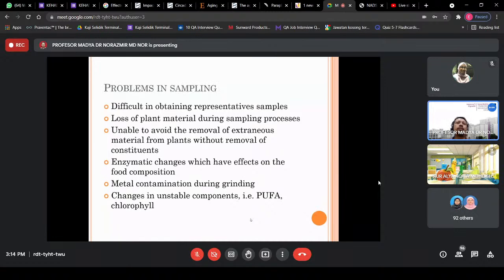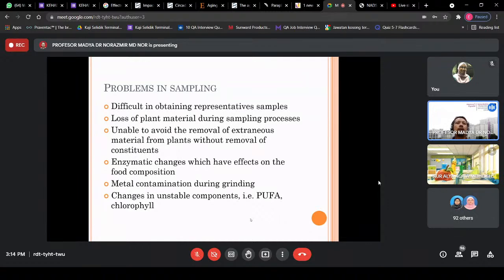So what are the problems in sampling? There is still difficulty, still obstacles in terms of sampling. First, it is difficult to obtain a representative sample. Then, loss of plant material during the sampling process.